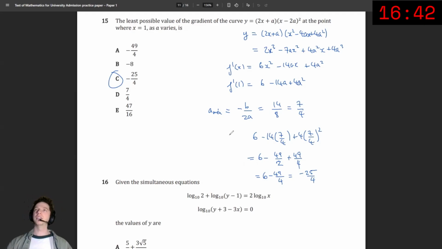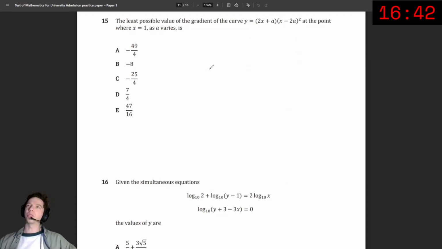Yeah, nice. Of course you could differentiate this with the product rule. I wonder what would happen actually. Is there any advantage to that? It would keep it factorized actually. So as a little bonus, stop the clock.